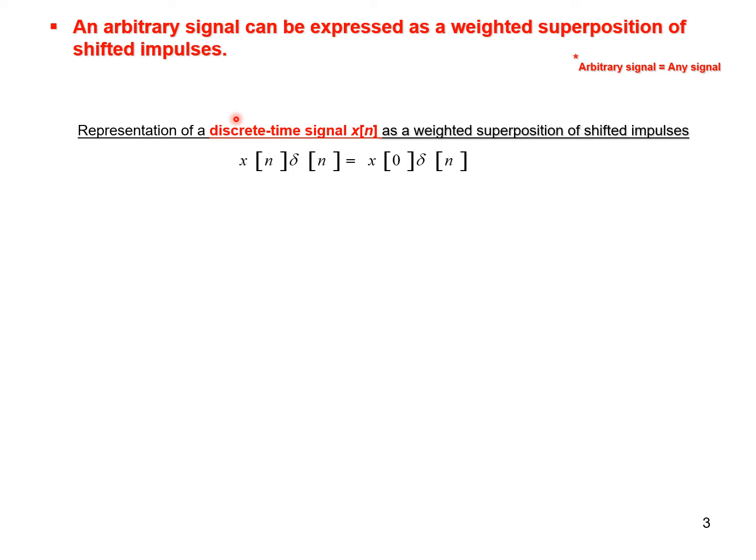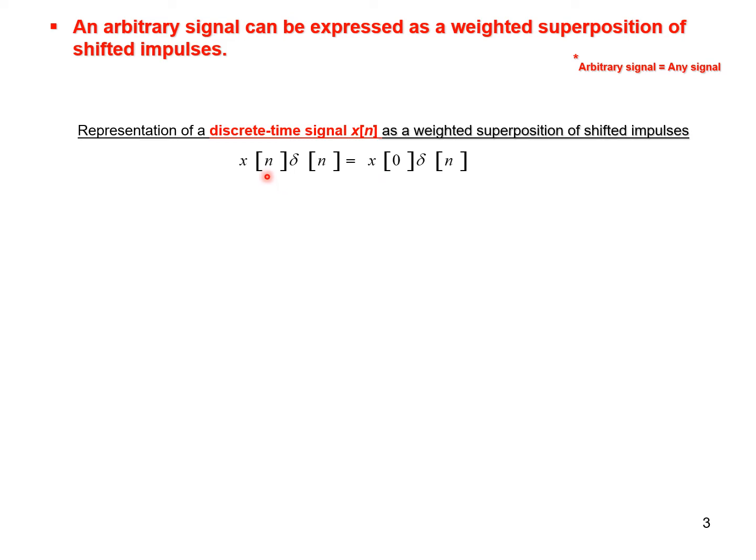So the first property is, suppose you multiply any arbitrary signal x of n with delta n, a unit impulse, then the result is another unit impulse of magnitude x of 0. So if you convert a long duration sequence by a single sample impulse, which is not shifted, if you simply multiply, then what results is another impulse at the origin with an amplitude x of 0.